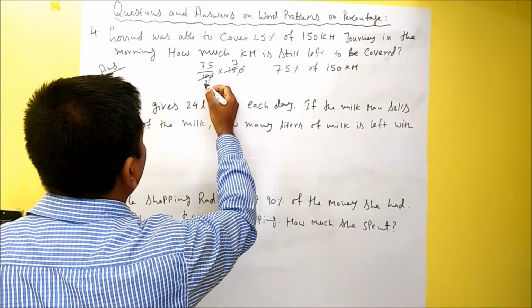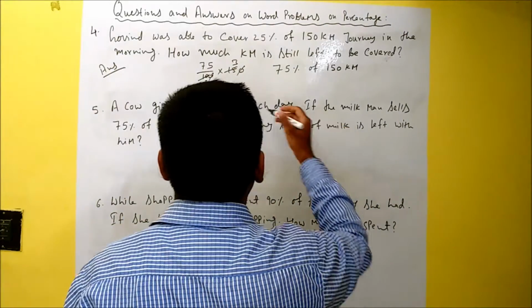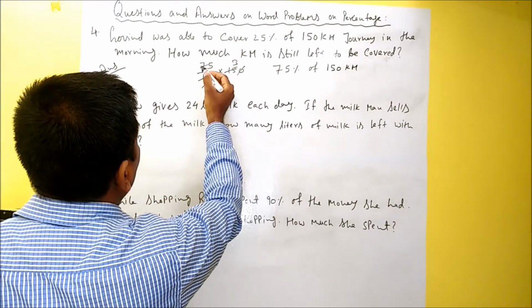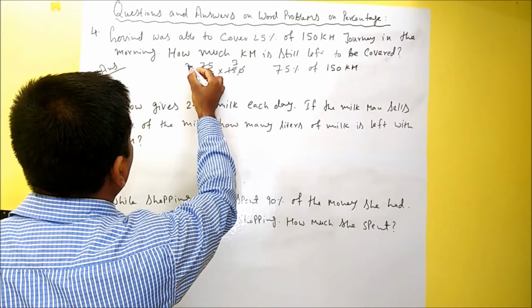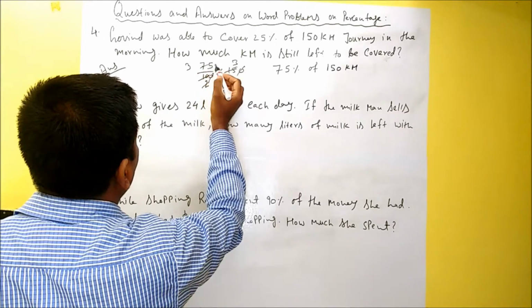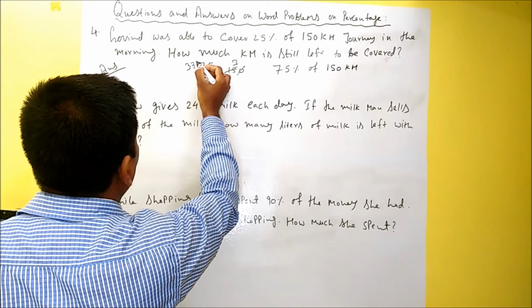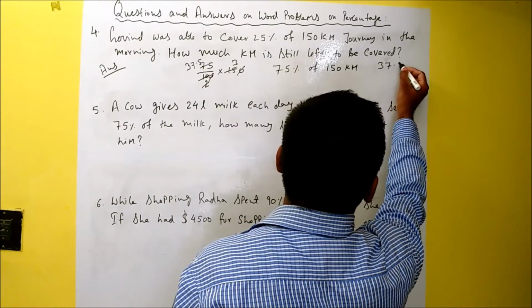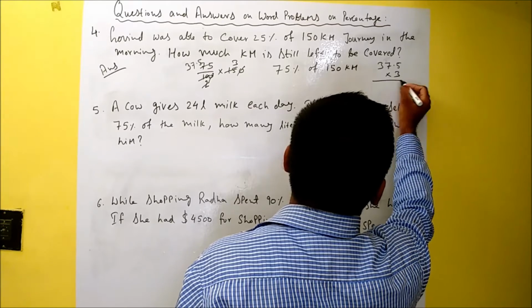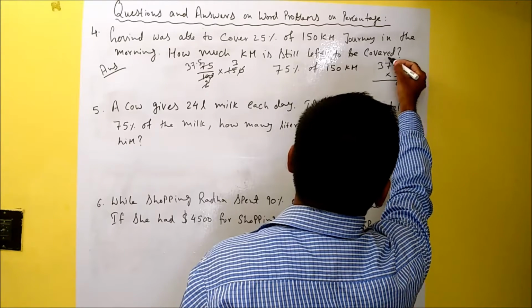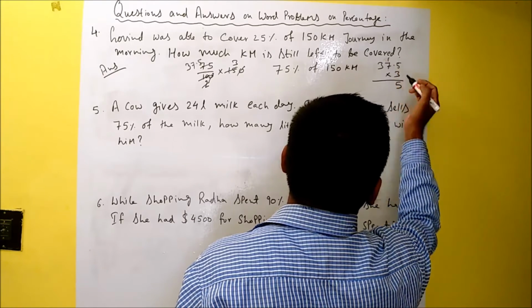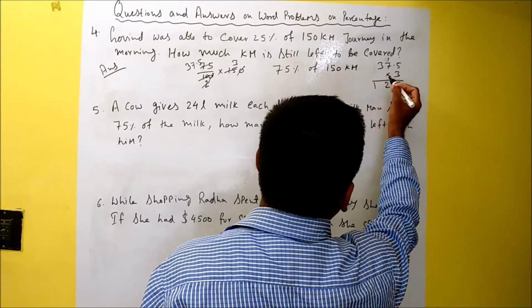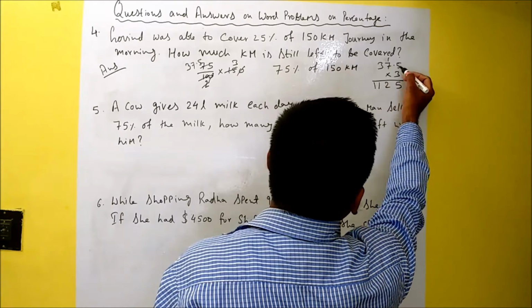Okay, and then let's do this also. So this becomes 3 2s are 6, and 15 is 37.5. So 37.5 into 3, and then decimal comes.